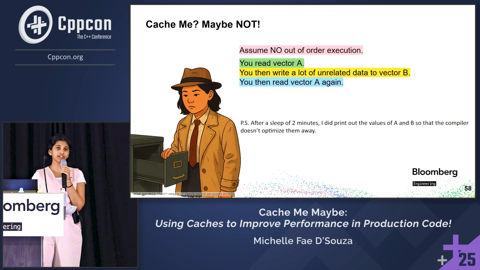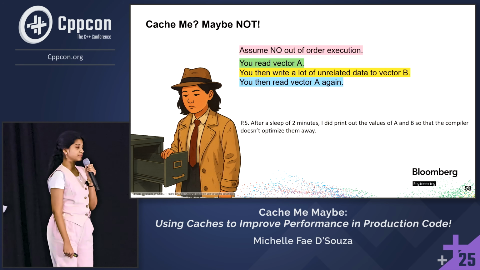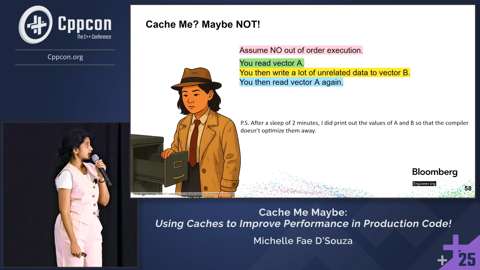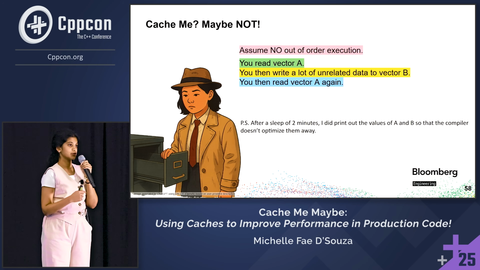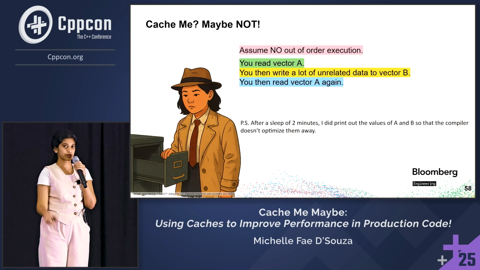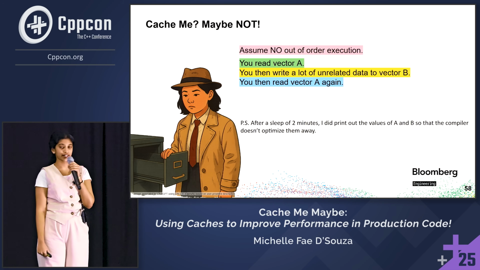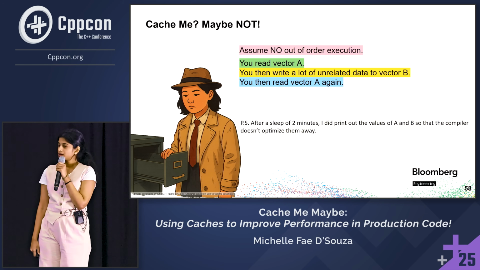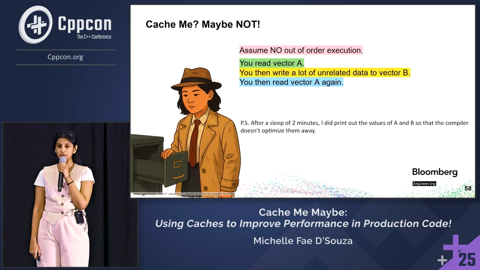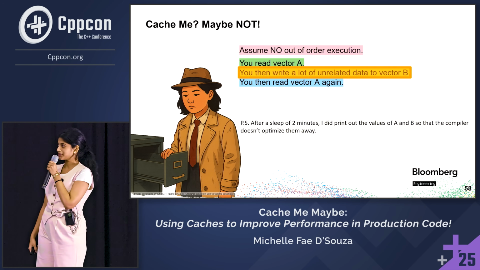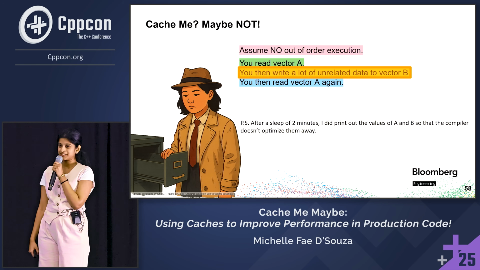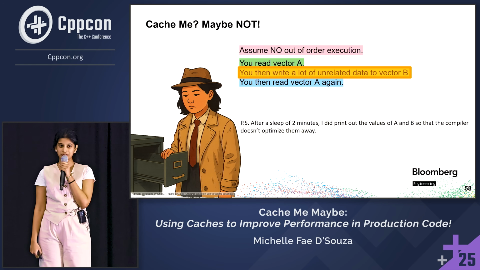So that second read of vector A is going to be a cache miss, assuming that the write to vector B polluted my cache. And that's bad. We saw that earlier. Wouldn't it be super cool if we could make sure that write of vector B doesn't go through my cache?